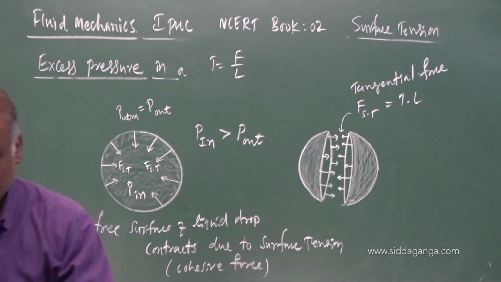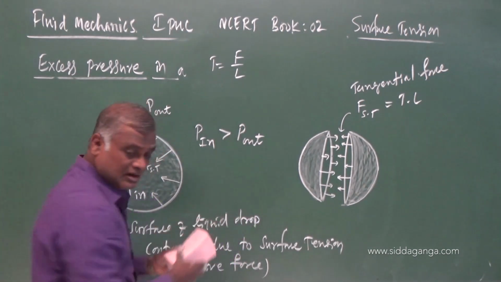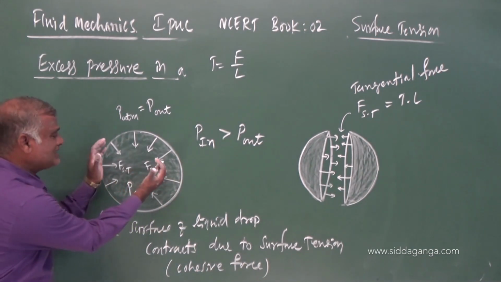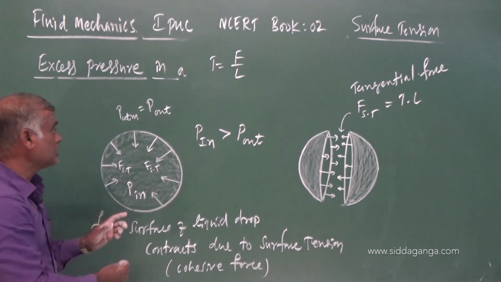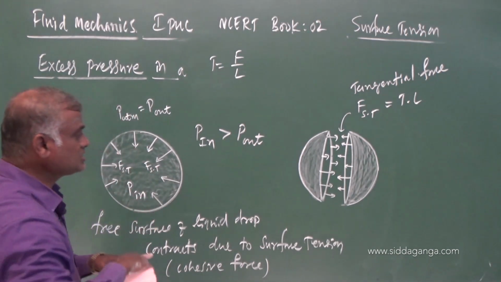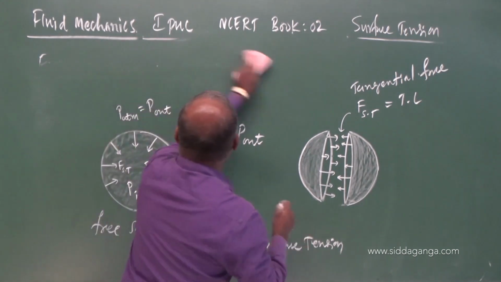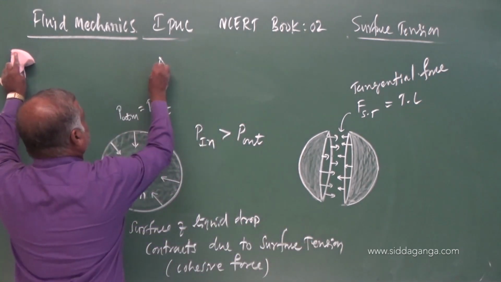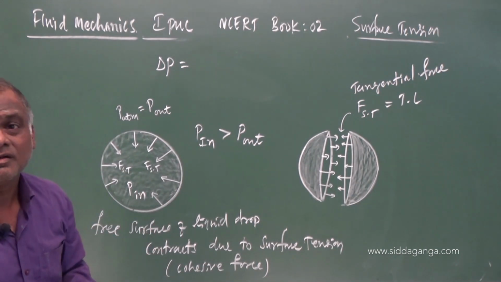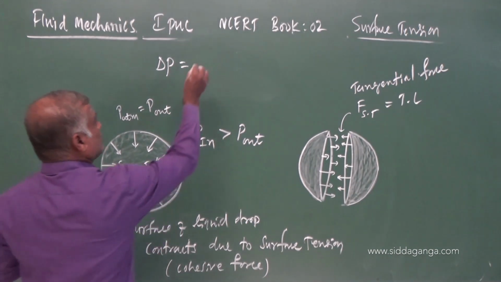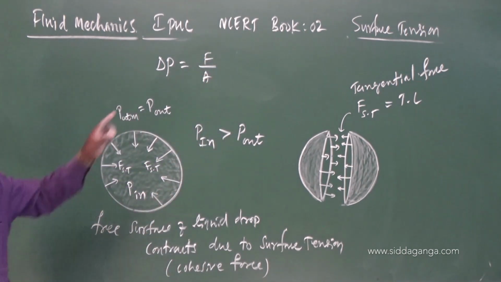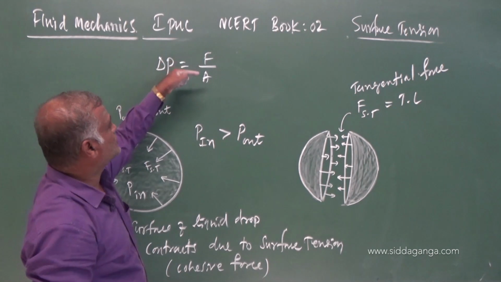Because of this tangential force, this gets crowded and there is an increase in pressure compared to outside. Therefore, there is some change in pressure. And what is this pressure? Force by area. Pressure is force by area.